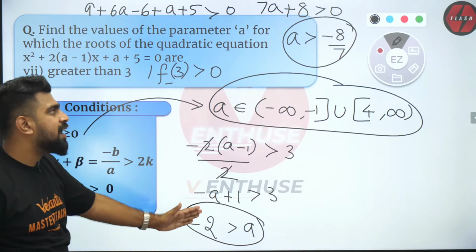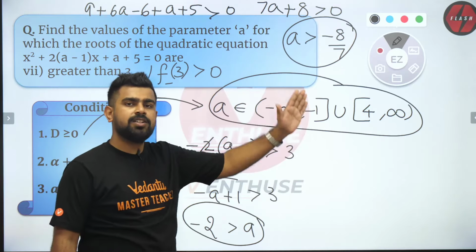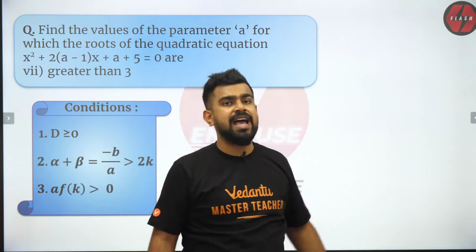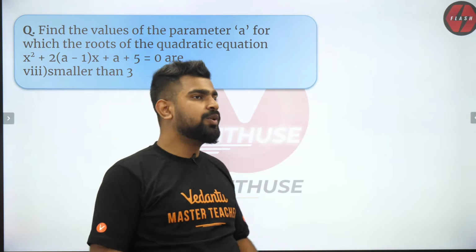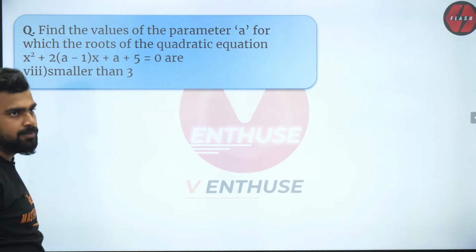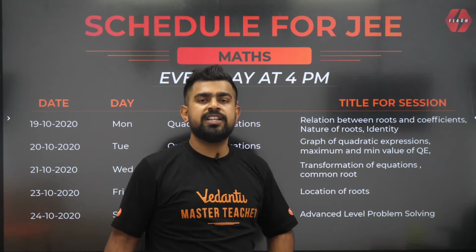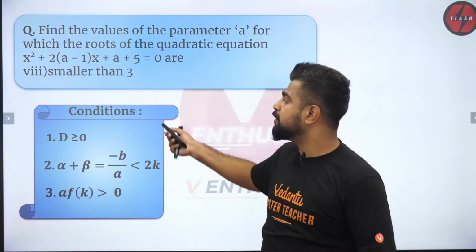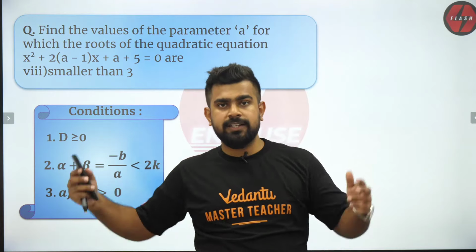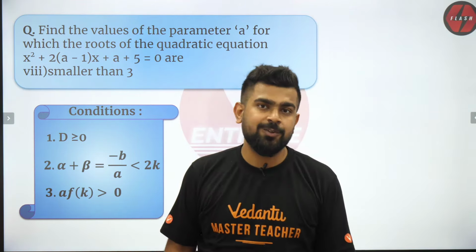I want you guys to find the common region of these three and then complete the next question which I have for you, and then you guys can maybe write down the answers below this video. That would be great. So with that, we will conclude the session. I've given you the condition for the last one as well. If you want some help, use that, solve it, let me know in the comment section below or in the chat. I would be happy to see that.